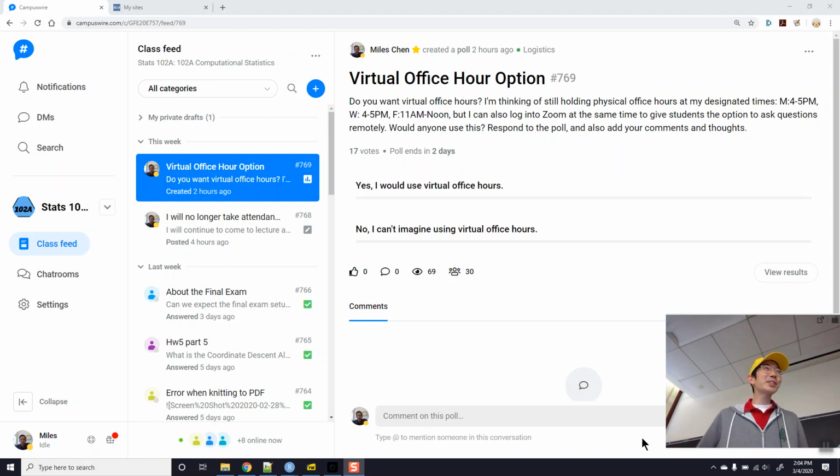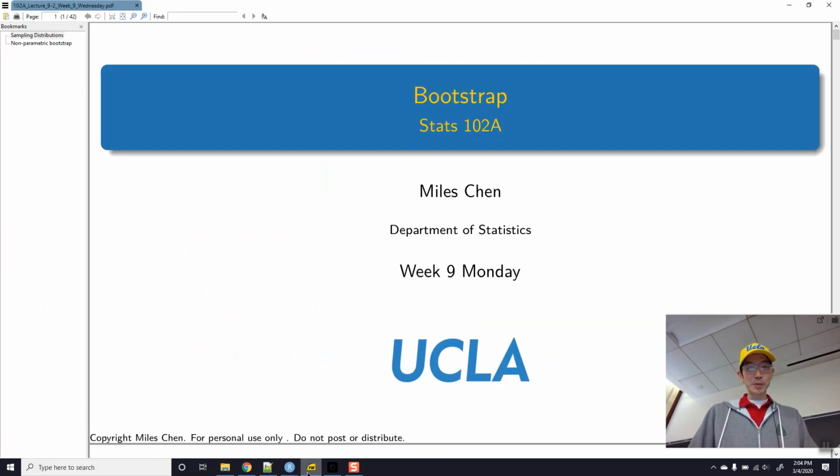It's just a little bit of extra work, so I wanted to make sure some people would actually use it if I go through the trouble of setting up these Zoom meetings. It's not super hard, it's probably like 12 clicks. So if nobody was going to use it, I wasn't going to go through the trouble, but it seems like people will use it. Okay.